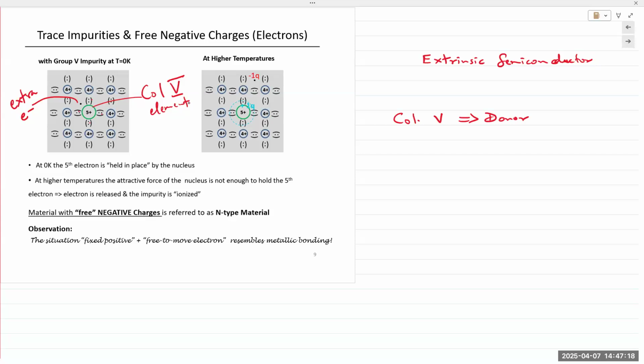And because it has one extra positive charge, it is a positively charged ionized donor atom. Okay, so donor and positive go together. The donation refers to the negative charge. It refers to the electron. Obviously, positive charges cannot be donated. Right? You can donate an electron. You can't break a proton out of a nucleus, not without difficulty.